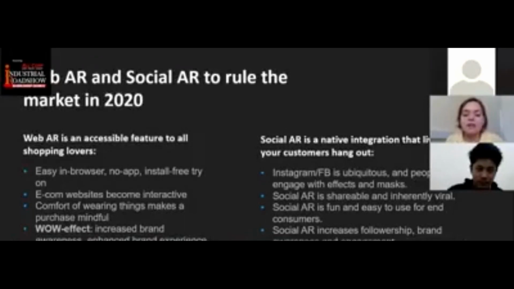Wow effect means that when people look at this activation, as people are able to interact with your product before actually going to your store or buying it from you, they go, wow, they are surprised and excited about what you have to offer them.